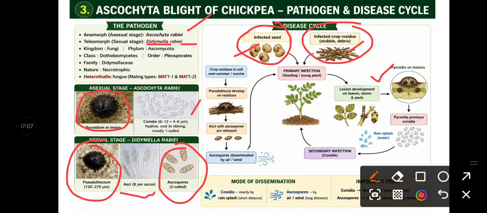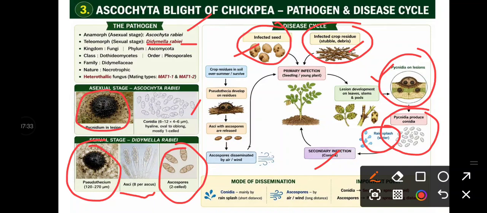The conidia produced inside the pycnidia act as the source of secondary infection. So the source of secondary infection is conidia, and the agent helpful for secondary spread is rain splash.